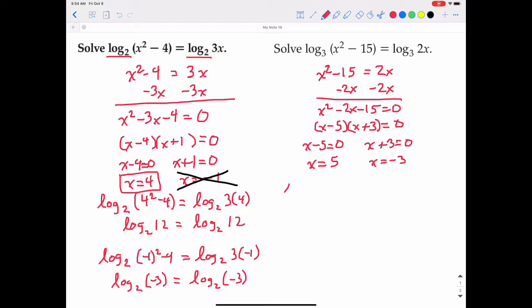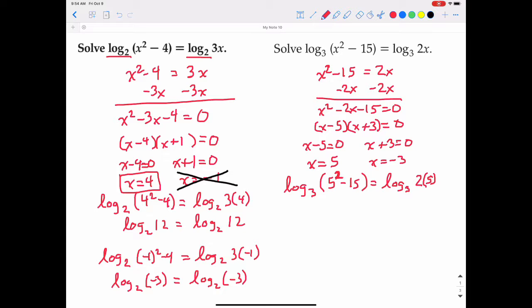So going back to the original problem, log base 3 of, if I replace the x with a 5, 5 to the third power minus 15, does that really equal log base 3 of 2 times 5? Is that true or not? Well, 5 to the third power, excuse me, that shouldn't be 5 to the third power, it's 5 to the second power.